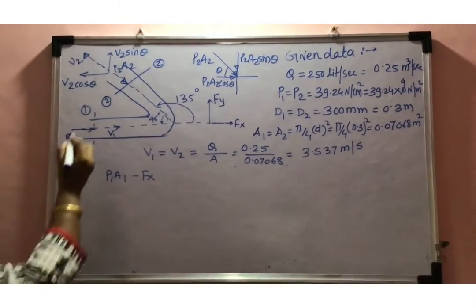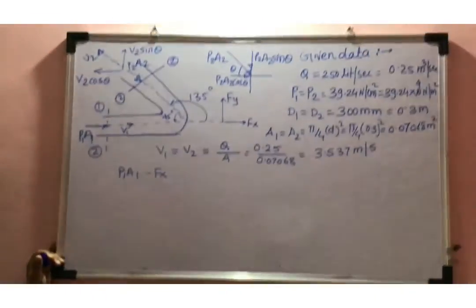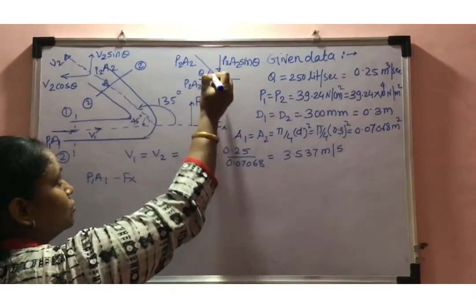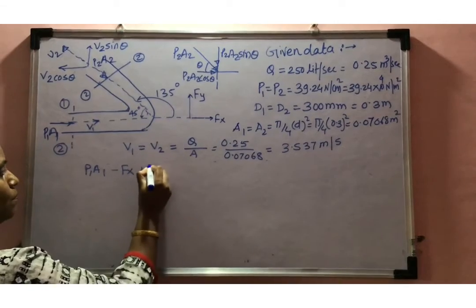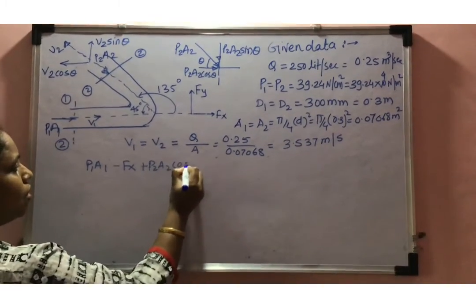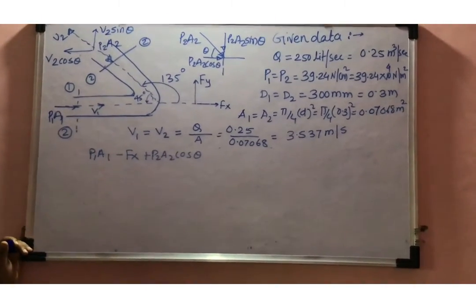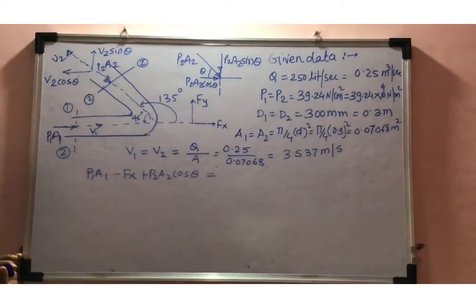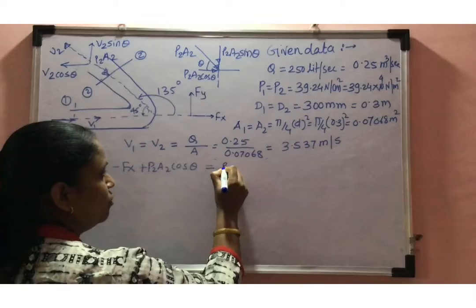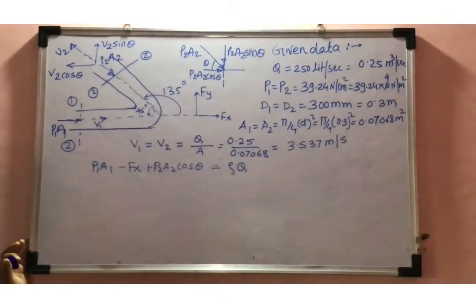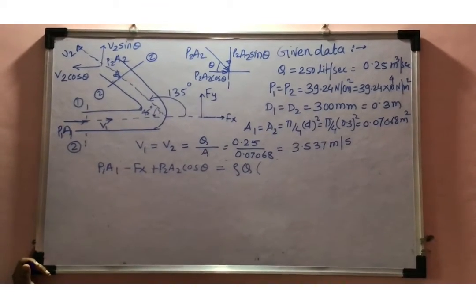Then the pressure force at section 2. See here, this is the pressure force which goes along the positive x direction, so again P2A2 cos theta. So this is the net force along the x direction, and that should be equal to the rate of change of momentum. Rate of change of momentum is equal to rho Q, where rho is density and Q is discharge, times final velocity minus initial velocity.